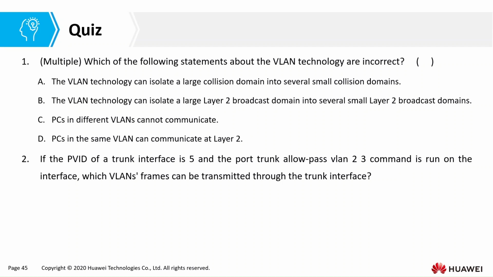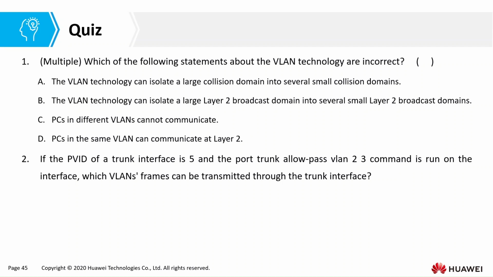If the PVID of a trunk interface is 5 and the port trunk allow-pass VLAN 2 and 3 command is run on the interface, which frames can be transmitted through the interface? Remember, even though it is a trunk port, the VLAN 5 frames cannot be transmitted.